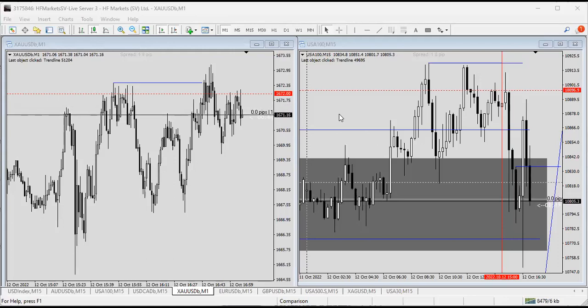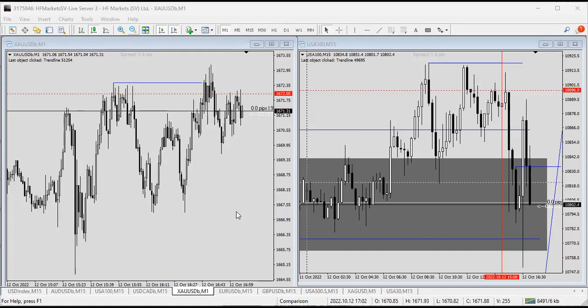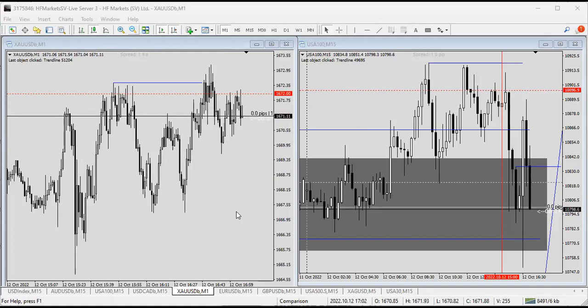Intermarket analysis. I put the TP at 1665 just because, but I'm going to be taking partials at 30 points, 30 pips, and then leave the rest at break even.